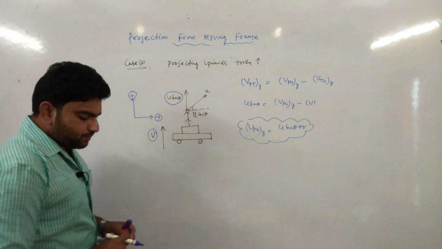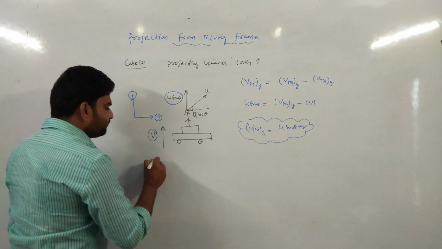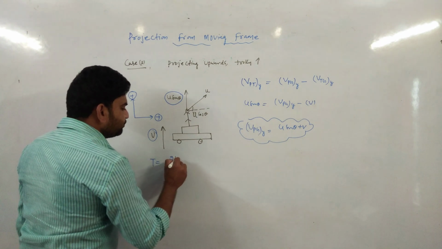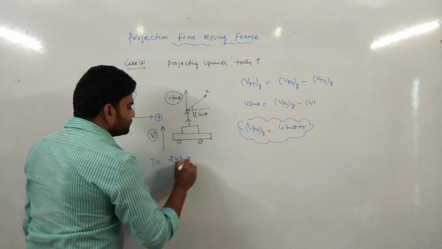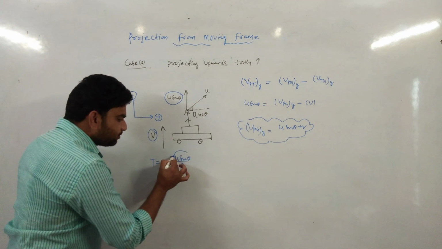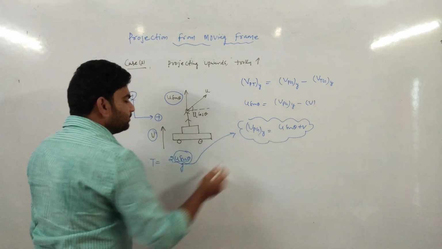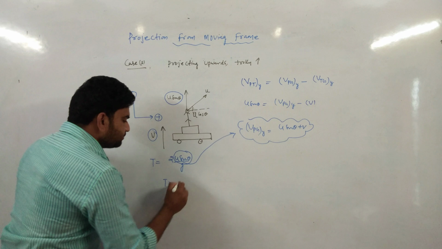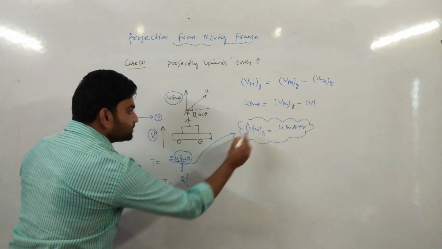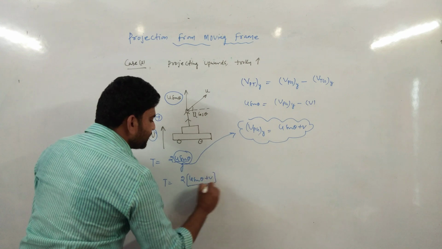Now in this case everything changes. For example, if you look at the time of flight formula, that is 2u sin theta by g. This is the basic formula of time of flight, and you can see it depends upon the y component, but my u sin theta becomes this value, and then my time of flight becomes 2 into u sin theta plus v, by g.